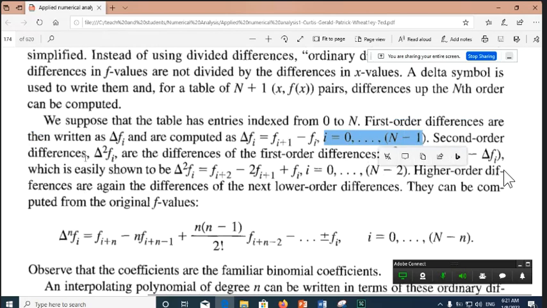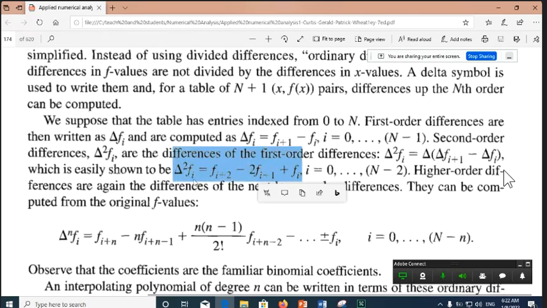Second order ordinary differences are shown by delta 2 fi, as this symbol, and are the differences of the first order differences. Delta 2 fi is the difference del fi plus 1 minus del fi, which is easily shown to equal this value.